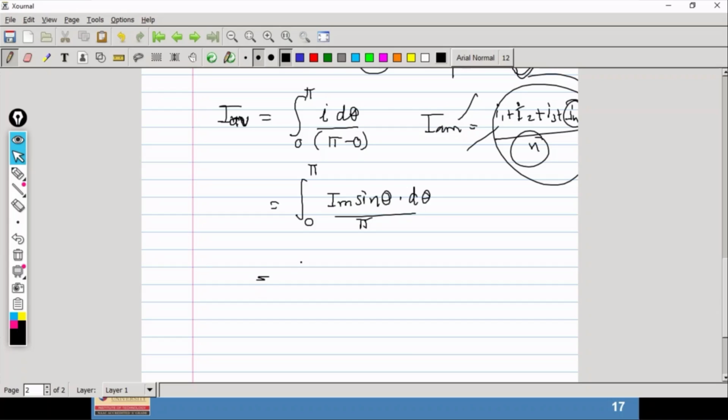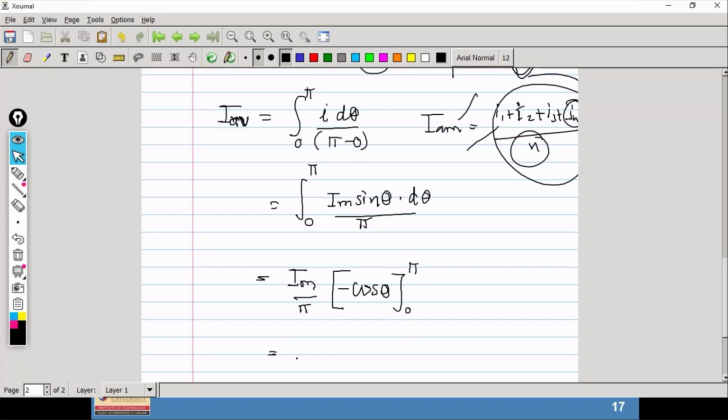Okay, so Im by pi is the common factor here. And the integration of sine theta is what? It is minus cos theta, and the limits are 0 to pi.